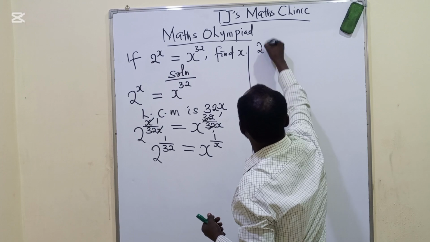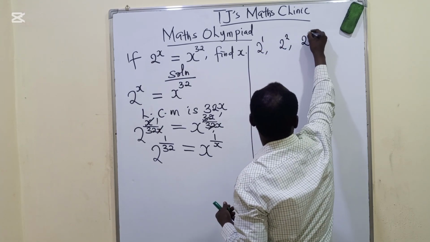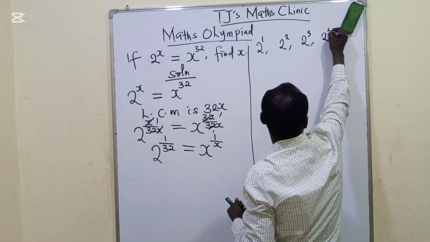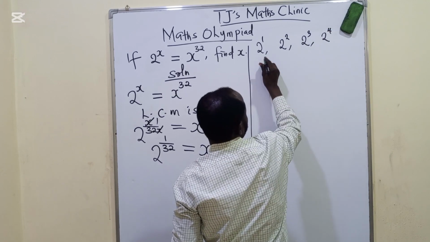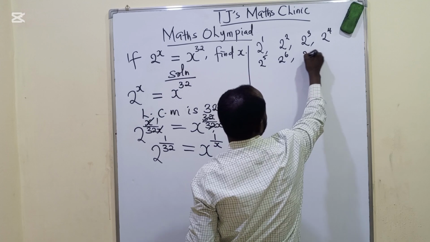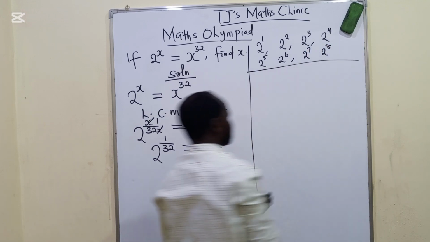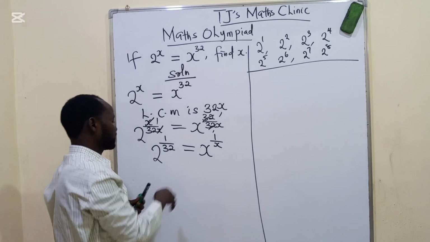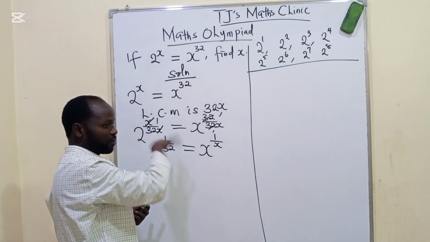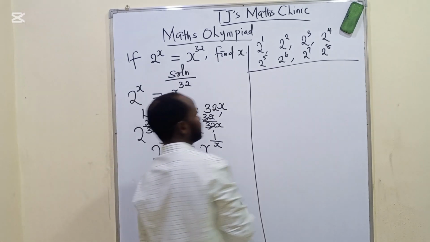If we raise 2 to power 1, or 2 power 2, or 2 power 3, or 2 power 4 in that order, or 2 power 5, 2 power 6, 2 power 7, 2 power 8 in that order, which one is such that the power is just the reciprocal of the base? Let's look at how we can modify it.